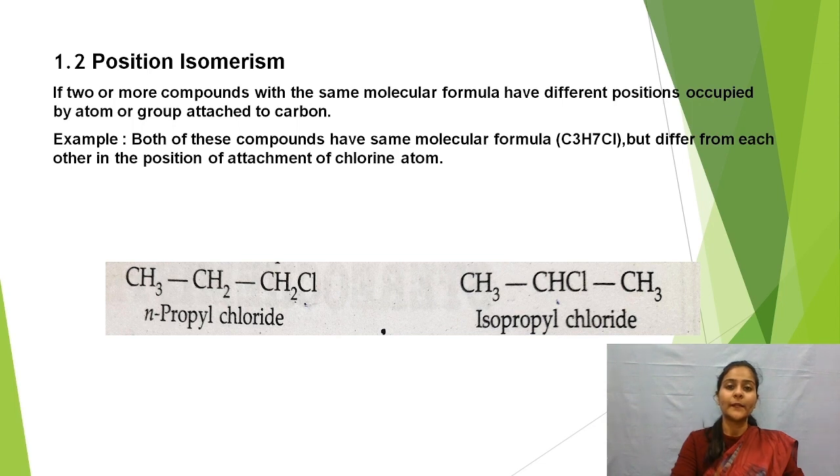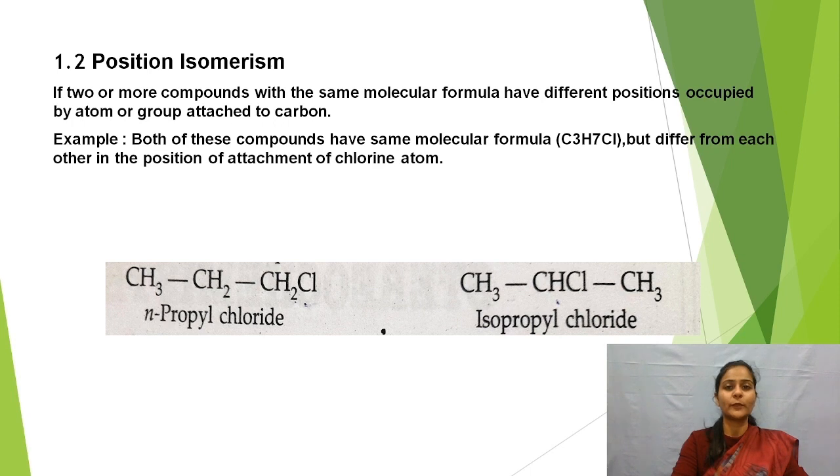For example, below you can see both of the molecules have the molecular formula C3H7Cl, but there is a difference in the point of attachment of the chlorine atom in case of N-propyl chloride and isopropyl chloride. In N-propyl chloride, the chlorine atom is attached to the terminal carbon, but in isopropyl chloride, chlorine is attached to the second carbon.